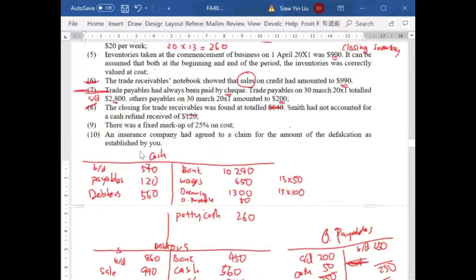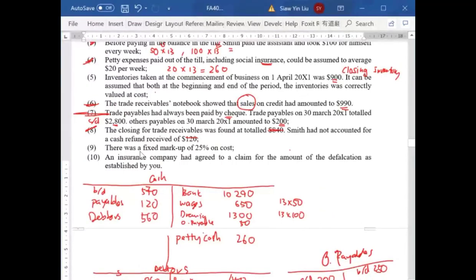Okay, now what is the thing we haven't gone through is this. You need to check the difference is too much. If you look at here, the difference is too much. And then the question is asking about cash defalcations, which means you have a balance here for what has been stolen. But now you can see that on this side you have a lot of missing figures.